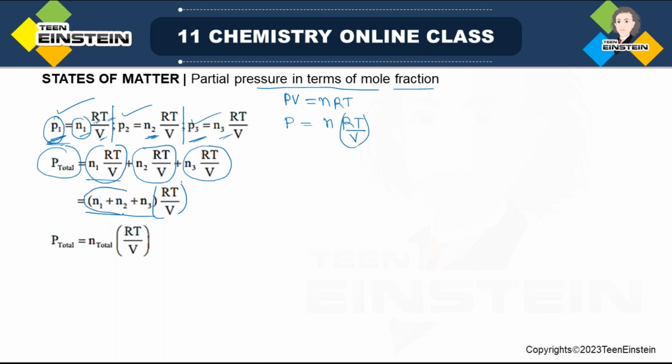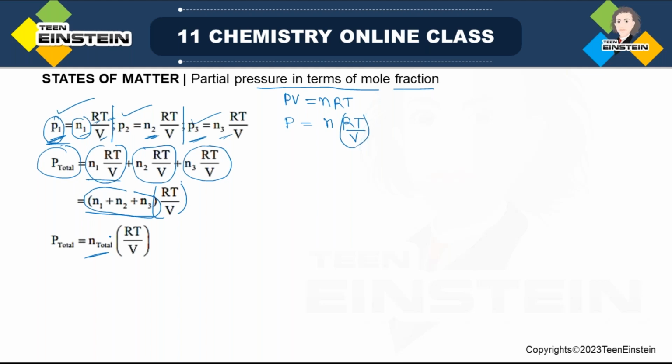Now you can write this in terms of the total number of moles, N subscript total. So now we have reached a new equation, which is P total is equal to N total into RT by V. Okay, just keep it aside.